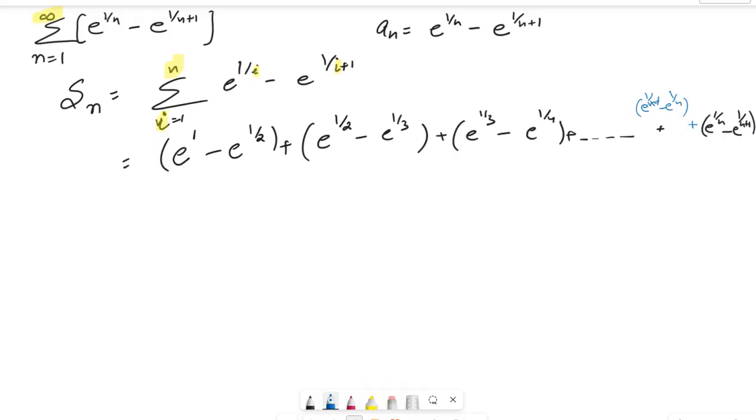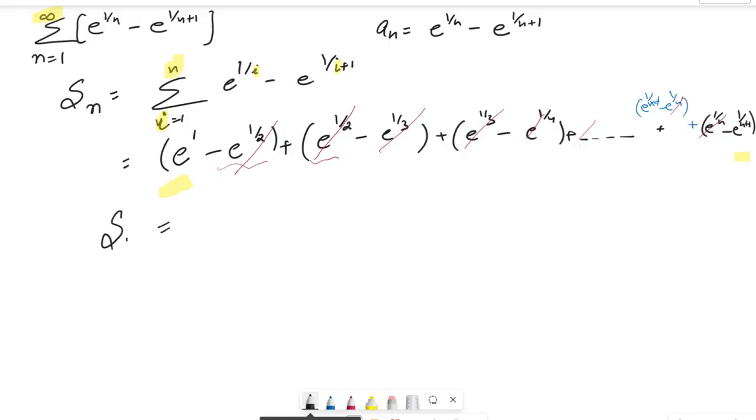You guys notice here that I have e to the power half with opposite signs. This will cancel. Similarly, I've not written it, but I know the next term will cancel this, and so on. Each of the first terms is being cancelled. So what I'm left with is the first and the last term.